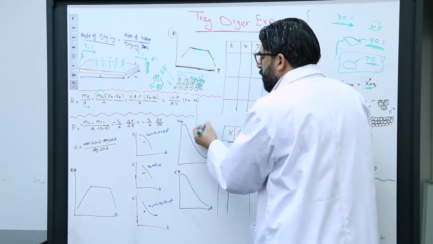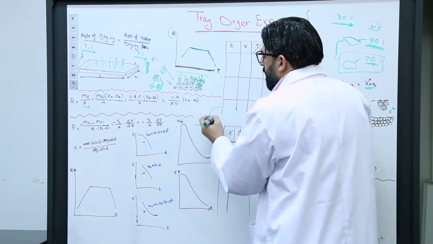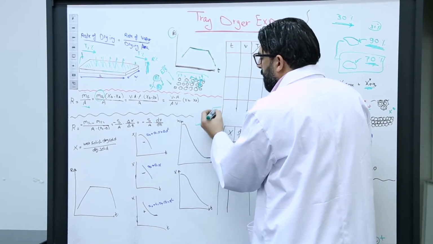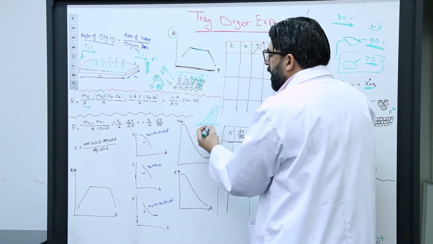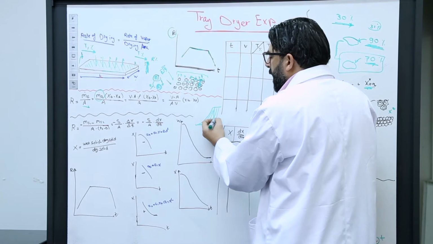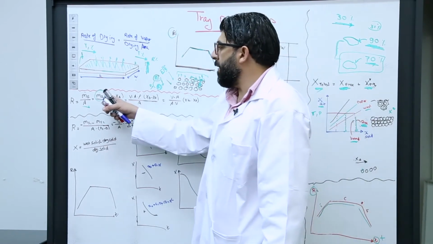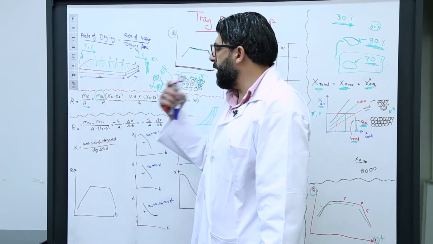From the psychrometric chart, this is the relative humidity. So when you take the dry temperature and relative humidity, you can determine the absolute humidity for the inlet air and for the outlet air.